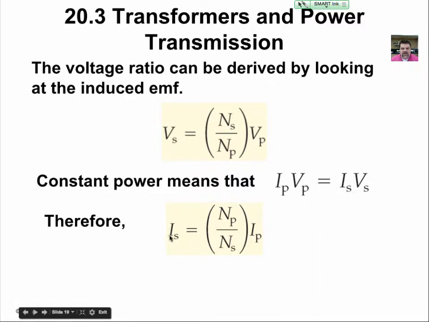Another way to look at that is that the current of the secondary coil is equal to the number of loops in the primary coil over the number of loops in the secondary coil, times the current through the primary coil.